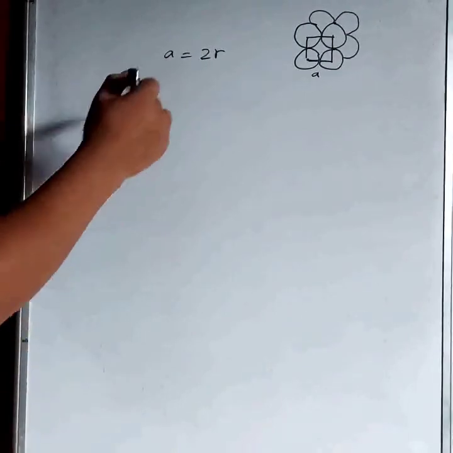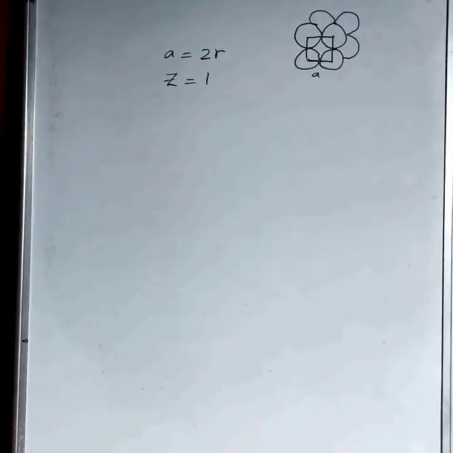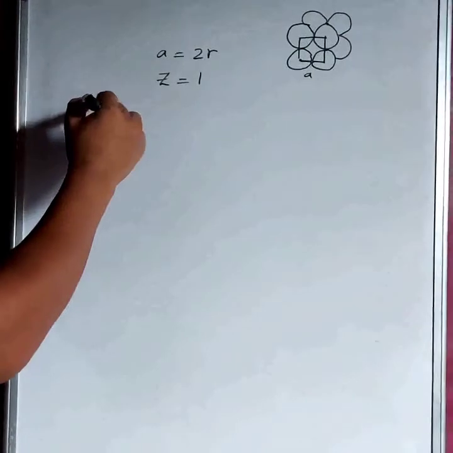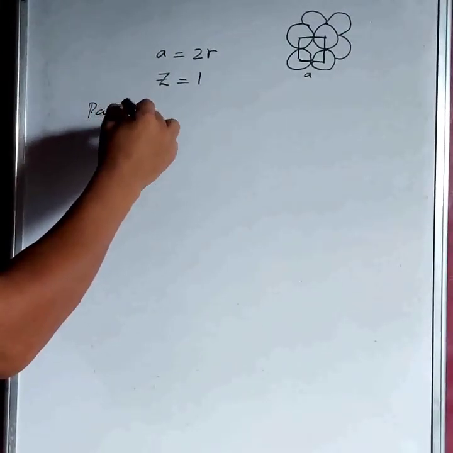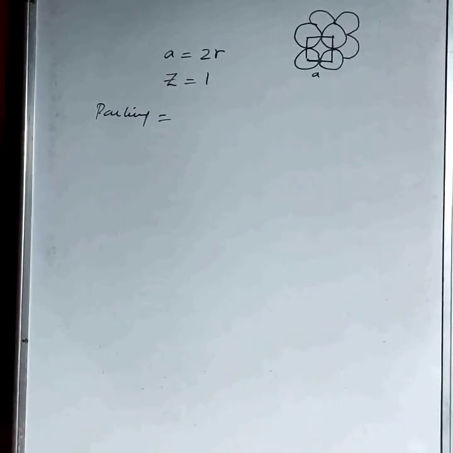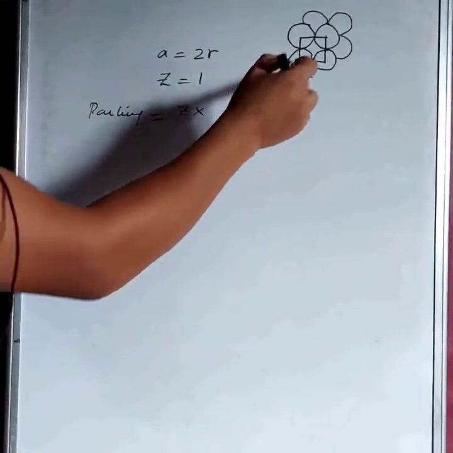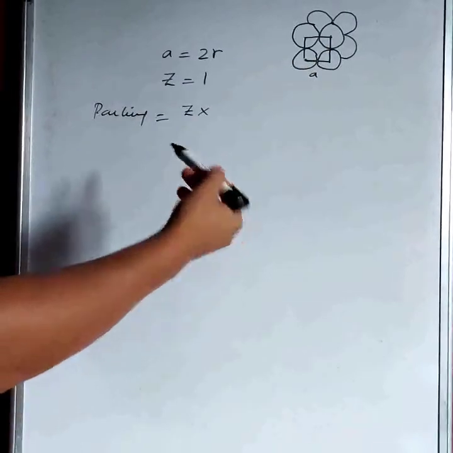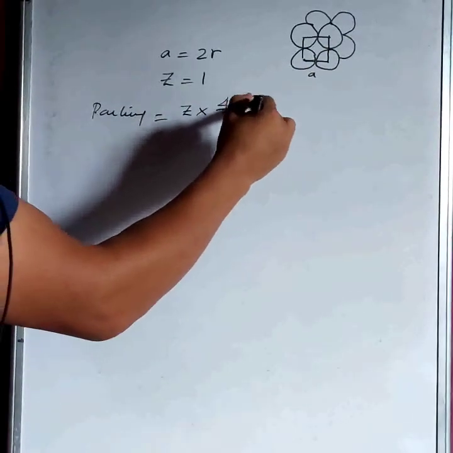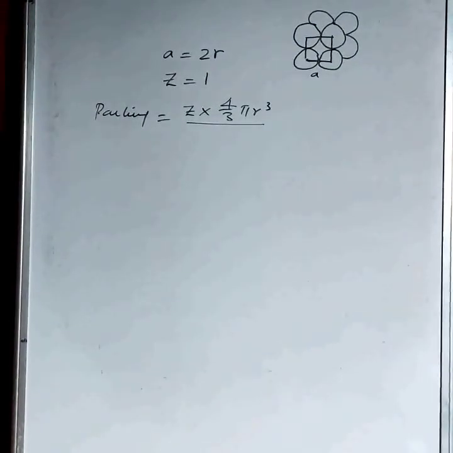And we know that the contribution per atom in a simple cubic system is 1. So the packing efficiency, as we know, is equal to the volume of the atoms in a unit cell over the volume of the cube. The volume of the atoms in a unit cell is Z into 4 by 3 pi r cubed, since the volume of a sphere is 4 by 3 pi r cubed.